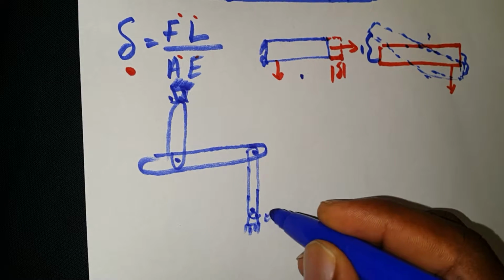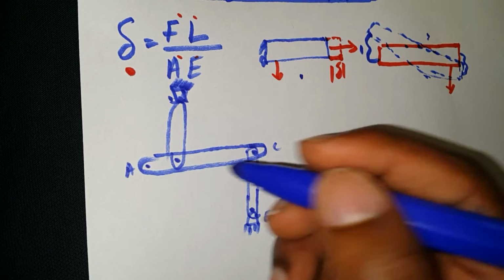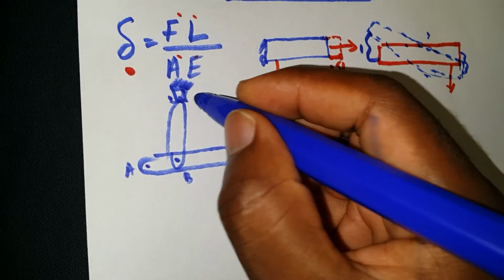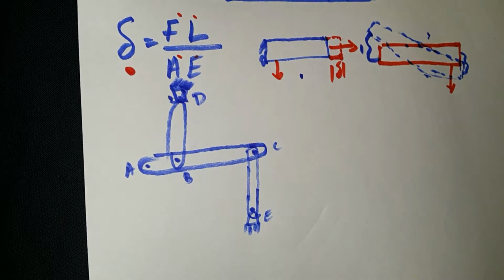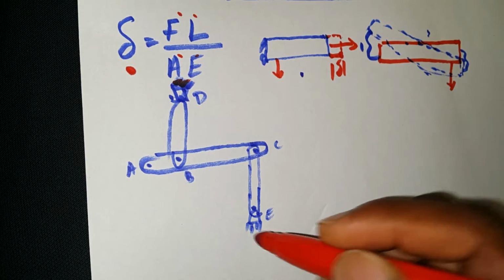Let's call this E. Let's call this C. A, B, C. Let's call this D. This is E. Okay. Now this is a member like this. It's fixed here and it's fixed here.